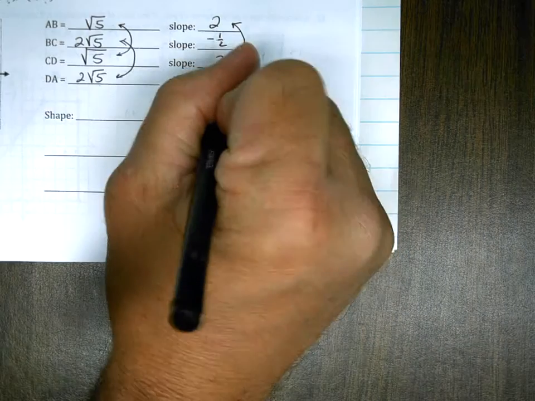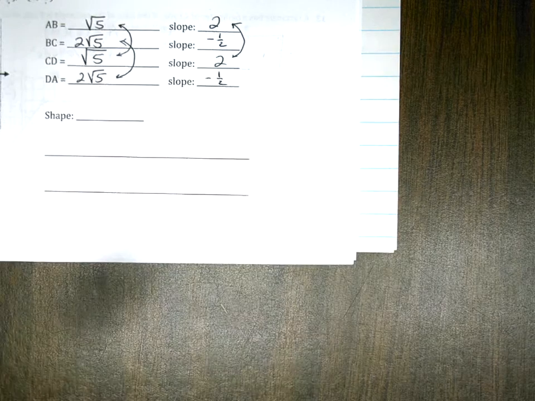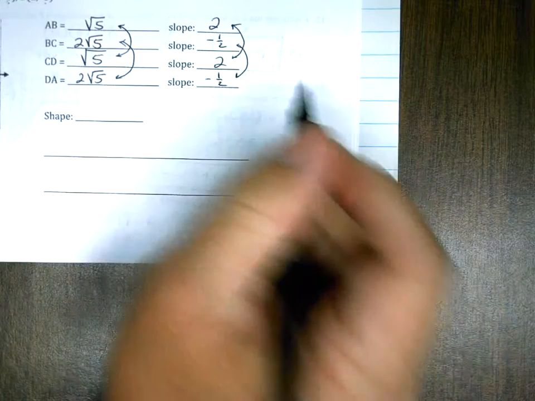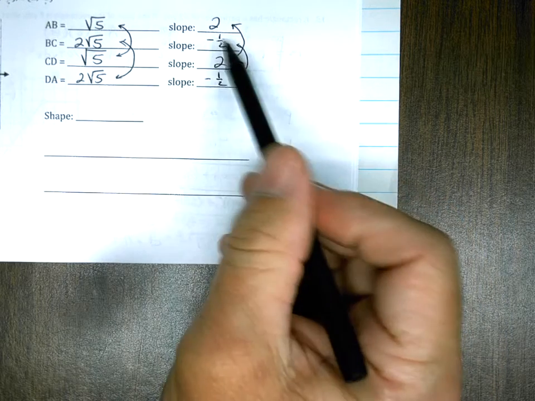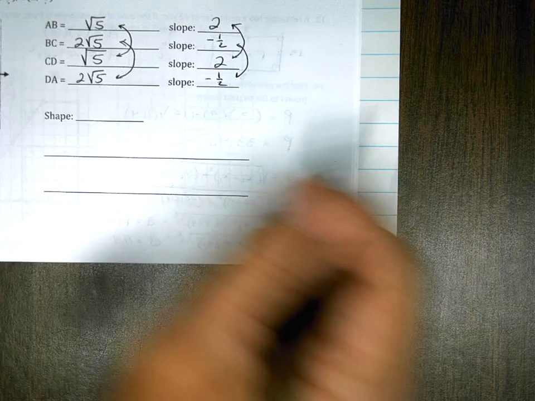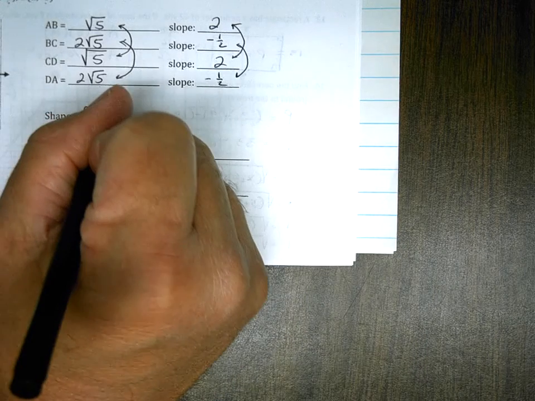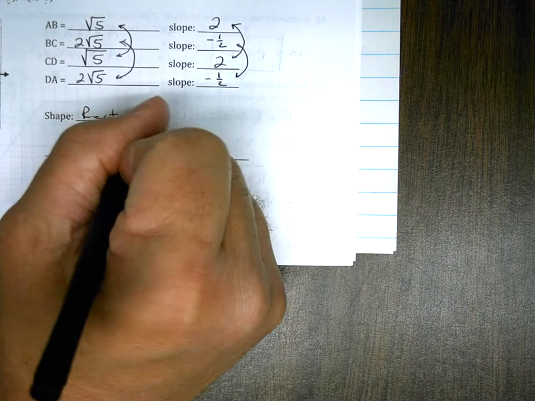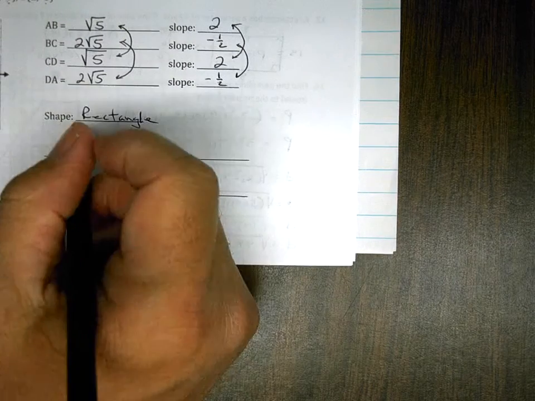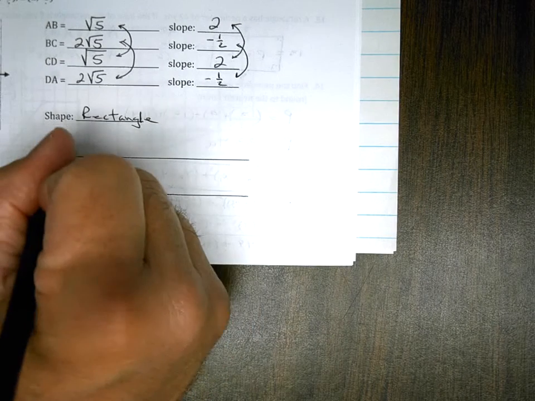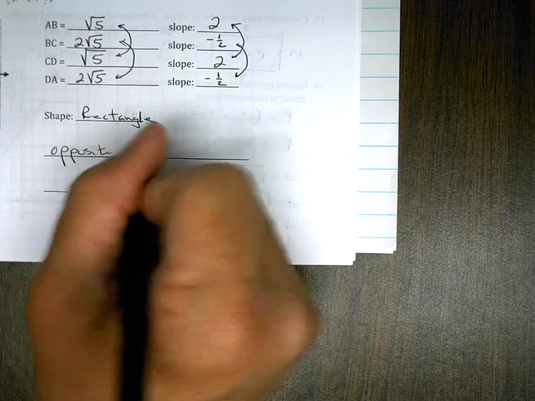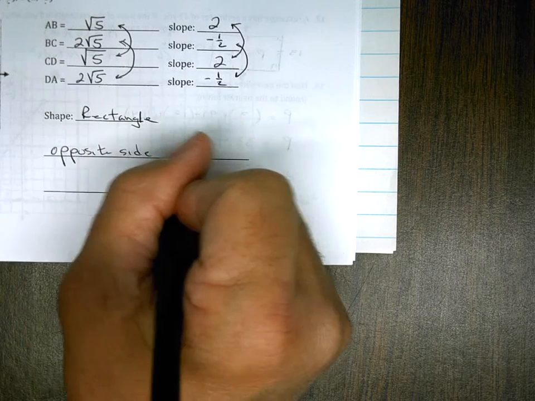And we see that these two guys are congruent. But more importantly, in this case, we can see that the consecutive sides are perpendicular to each other. So this is definitely a rectangle because opposite sides are parallel.